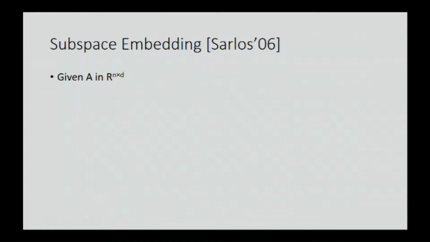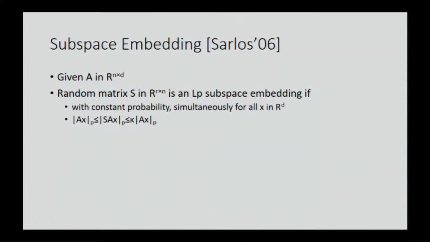So here is a technique introduced by Sarlos back in the day. Given this matrix A, you choose a random matrix S, let's say with r rows, which is wide and fat. And you say that it's an Lp subspace embedding if the following properties hold.